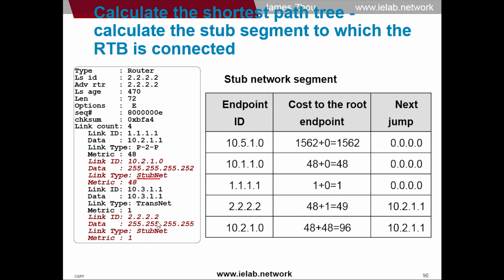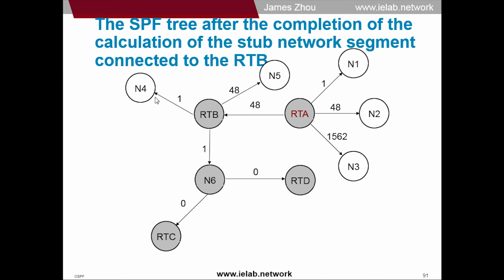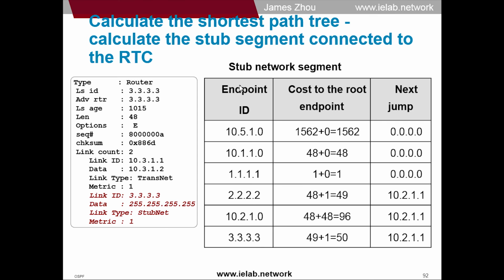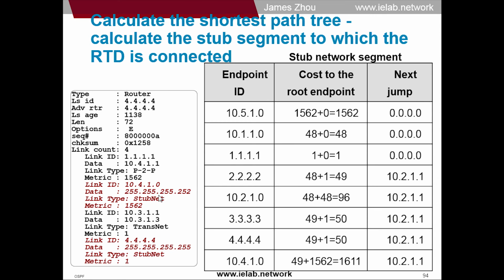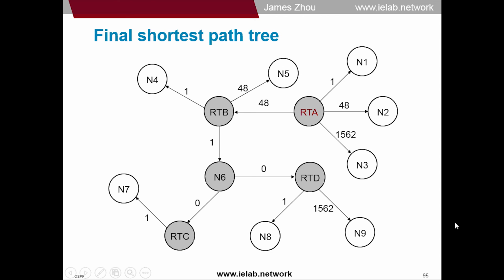We have 2 stub segments. Add these 2 segments on RTB. Then check RTC's LSA and add this segment on RTC. Last, check RTD's segments. You will see here, add these 2 leaves to RTD.